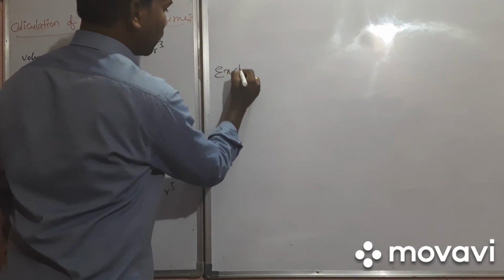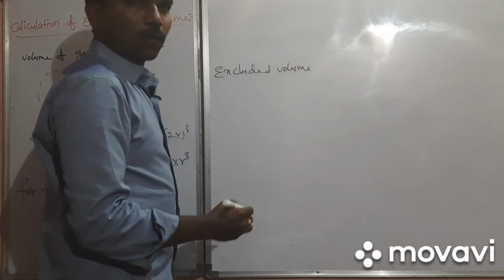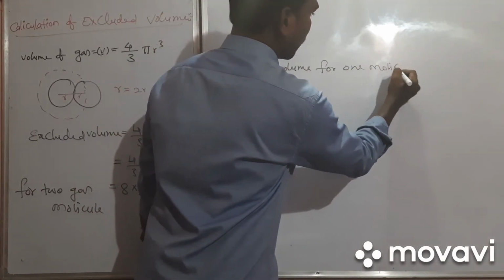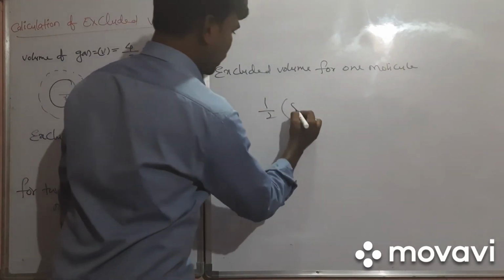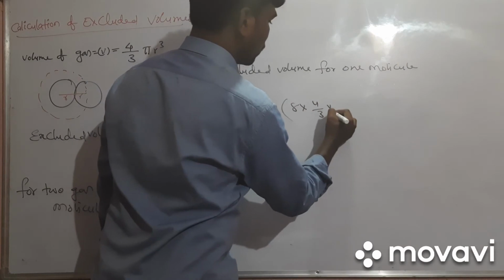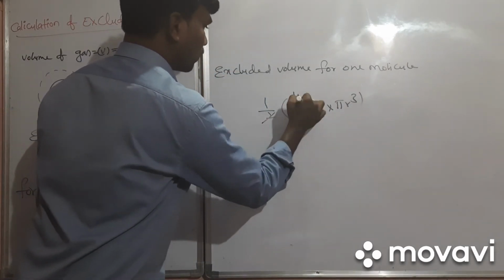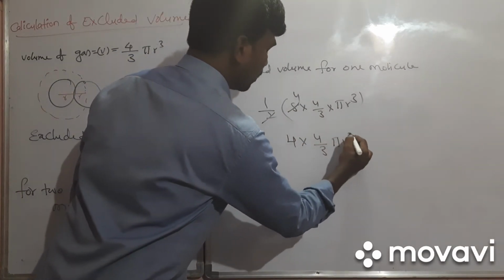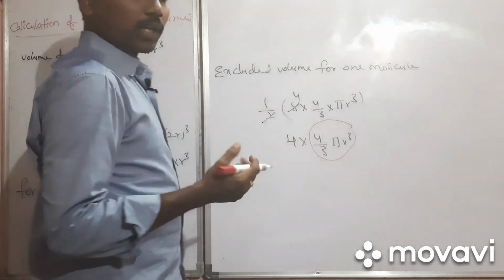So the excluded volume for one molecule is equal to 1 by 2 into 8 into 4 by 3 pi r cube, right? So it is 4 into 4 by 3 pi r cube. 4 by 3 pi r cube is the normal gas molecule's volume.